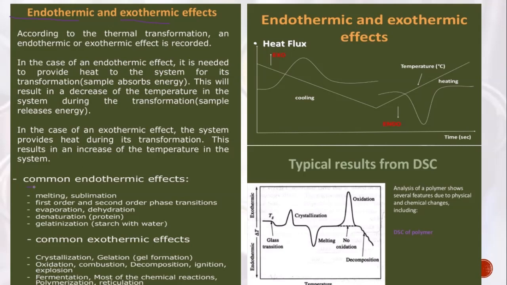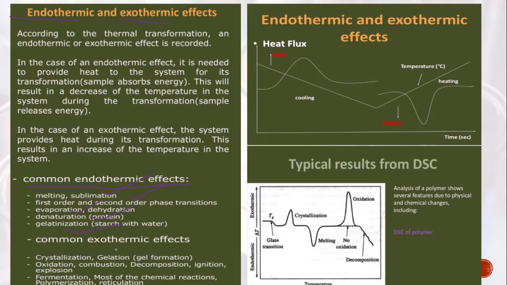We can have common endothermic effects such as melting and sublimation. So if your sample is melting or subliming, then we expect endothermic effects. Sometimes you have first order and second order phase transitions, evaporation, denaturation of proteins, and gelatinization of starch with water events.